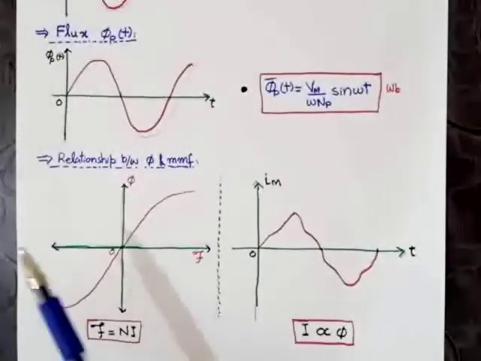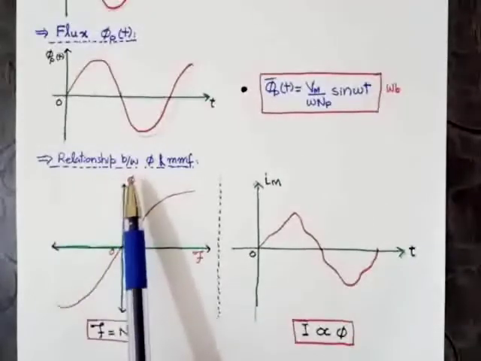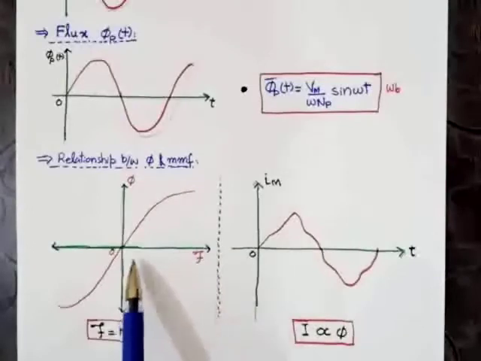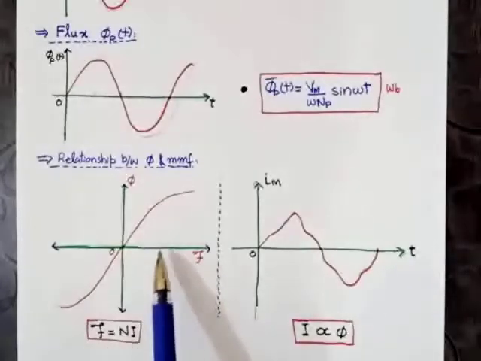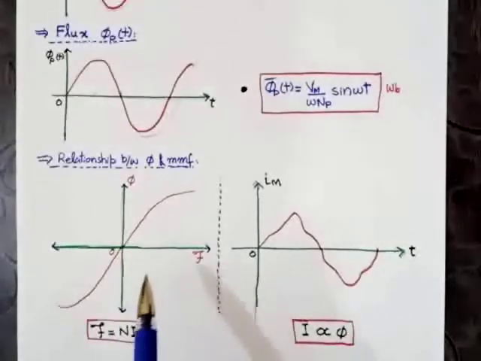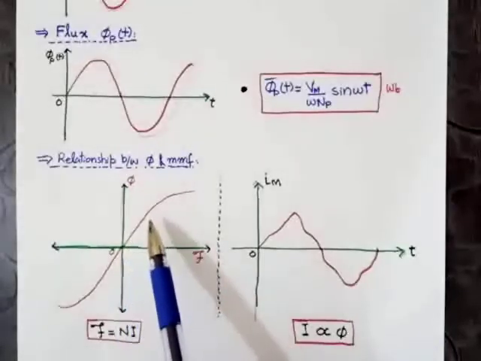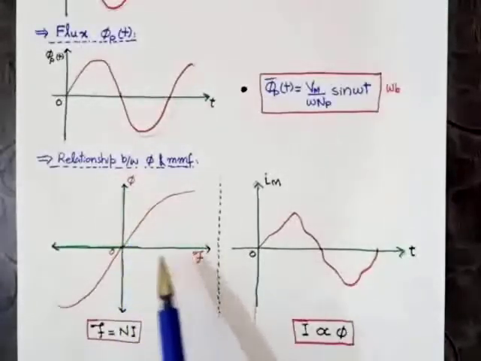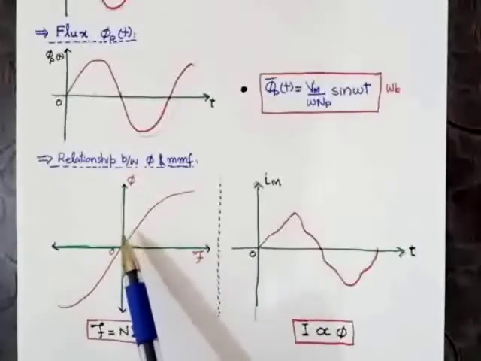As we have already discussed the relationship between flux and magnetomotive force, the magnetomotive force F is equal to N into I. When the value of the current increases, then the magnetomotive force will increase. When the magnetomotive force increases, then the flux will increase. At the start, the relationship between the flux and the magnetomotive force will be linear.